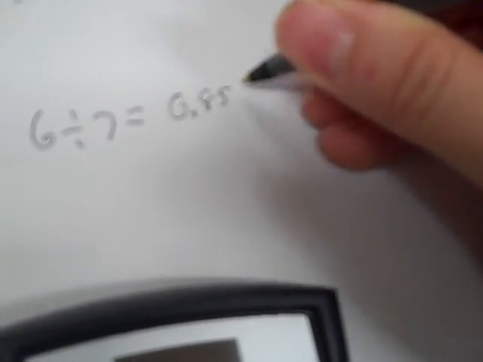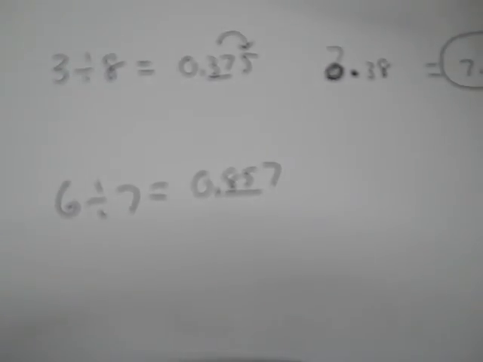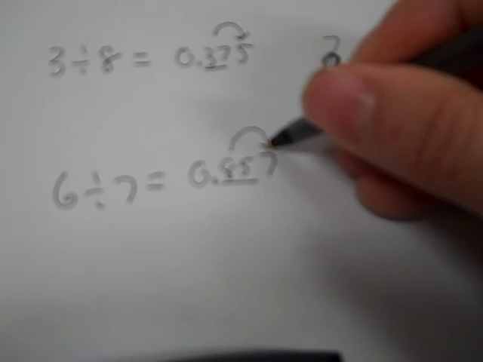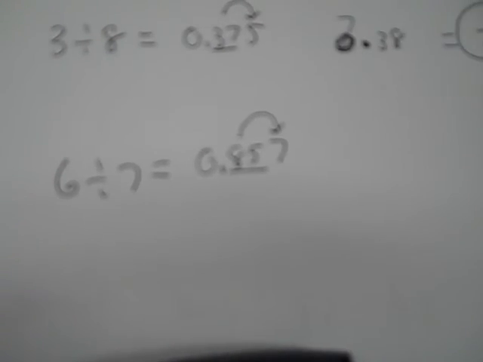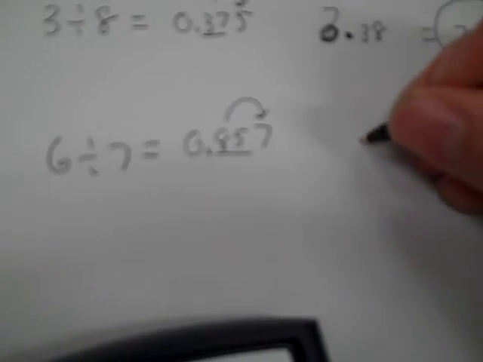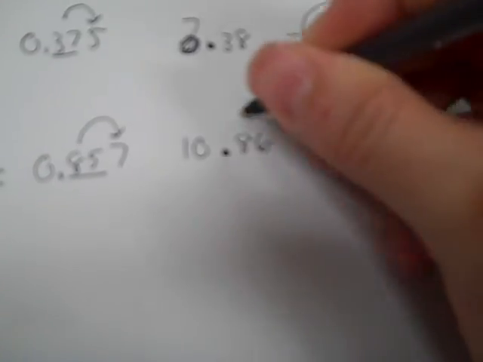Just write the first 3 digits, because we can only have 2, but we need the third digit so we can see if the 85 has to stay 85 or if it has to go to 86. Since 7 is higher than 5, that definitely becomes 86. And again, since we had a 10 there, we're not going to put 0 there. We're going to put 10 there.